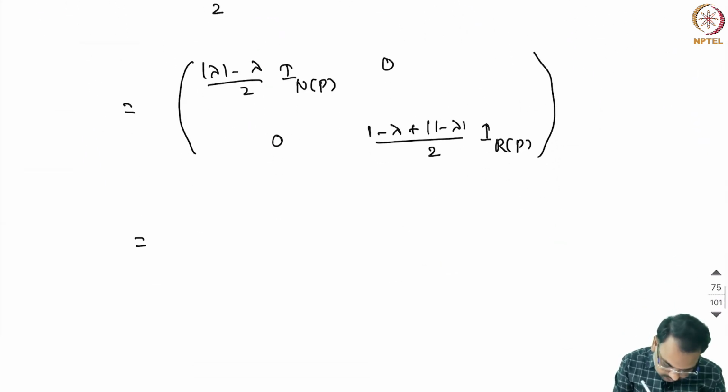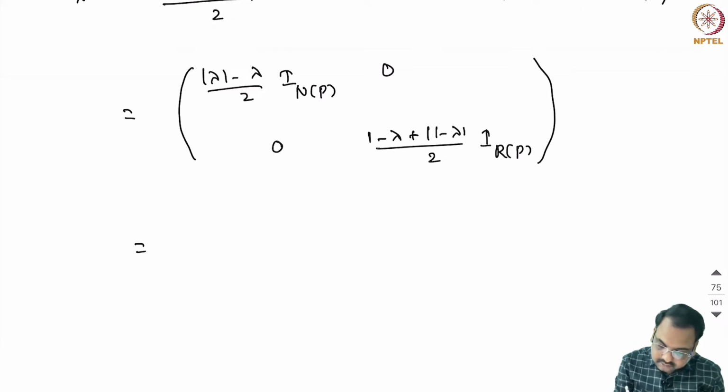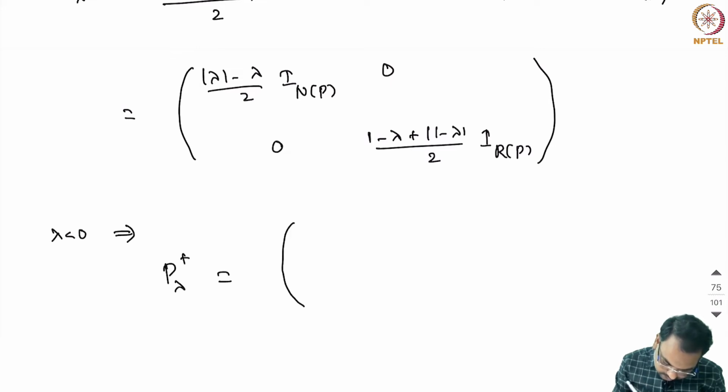Depending on lambda positive or negative, we can actually get these things. When lambda is negative, so lambda is less than 0, P lambda plus we get as follows: mod lambda is nothing but minus lambda, so this is minus lambda identity.